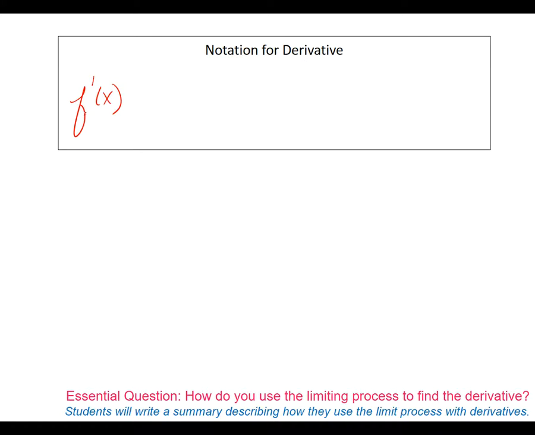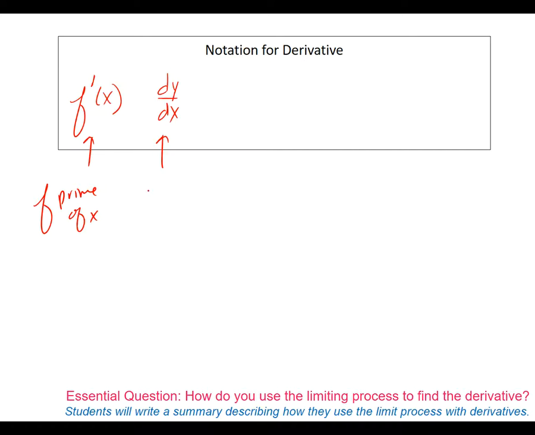Okay? This one we agreed, it's a notation for derivative. That's kind of like a little slash, it's not a one. It's a prime symbol. Kind of like a single quote. We read that as f prime of x, but it's a notation for the derivative. Okay?